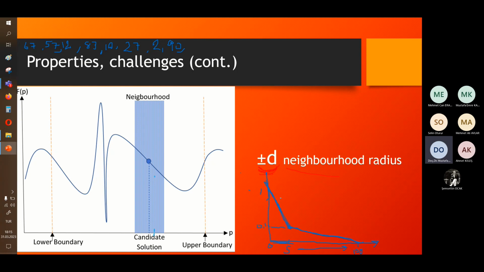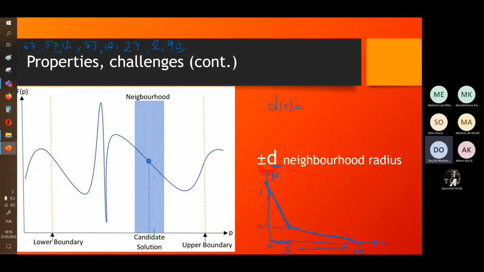Now, what you have done, imagine that we have a function for d, but this time the neighborhood radius d is not a constant, but a function of r. Okay, r is given here. Imagine that this is, give me a name for that.